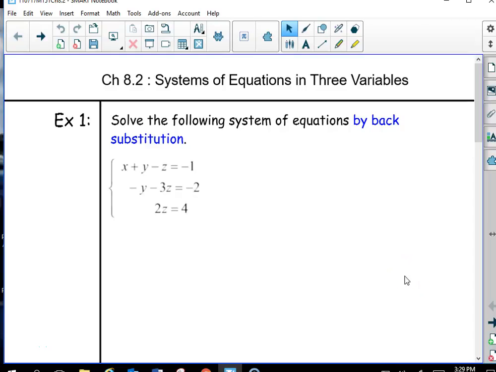Okay, now we're into solving larger systems of equations, and they ask us to do back substitution. I've heard that term before, but what it really means is that we start by having one of our variables solved for.